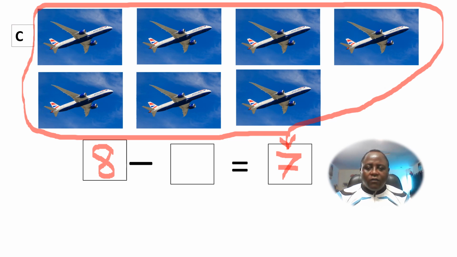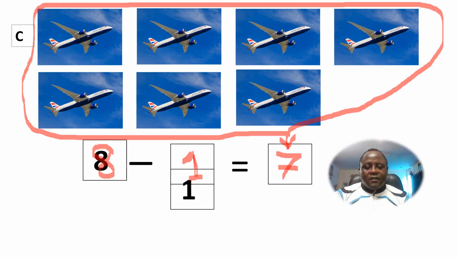How many fell off? 1. So 8 minus 1 equals 7. You can use your fingers to count them. Okay? Good. 8 minus 1 equals 7.